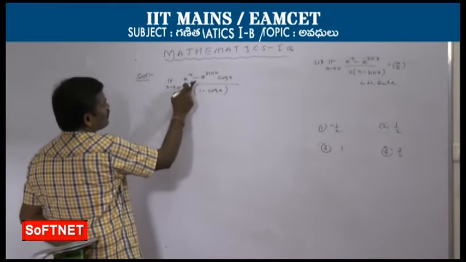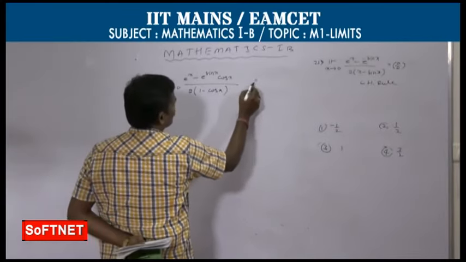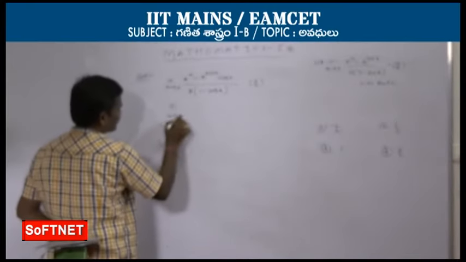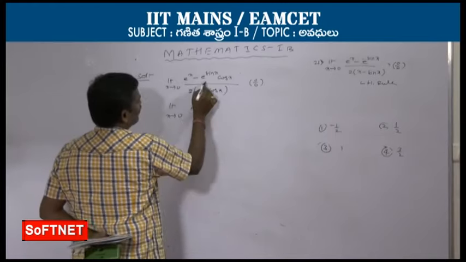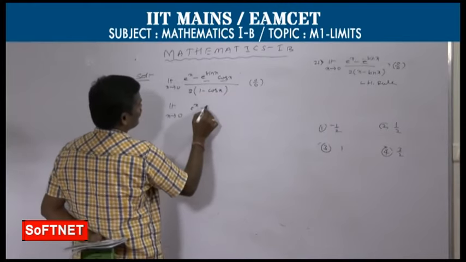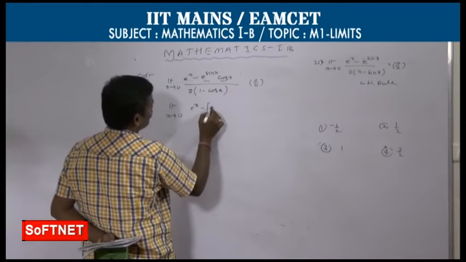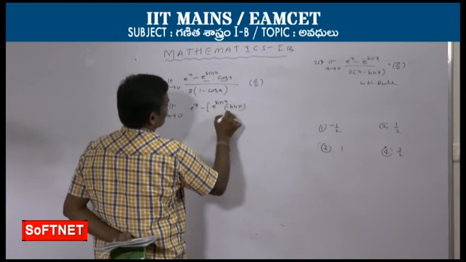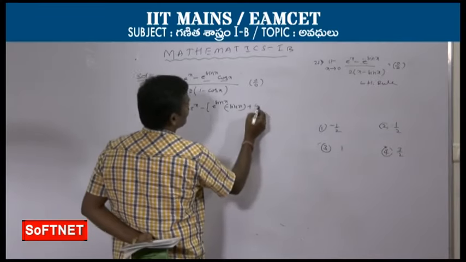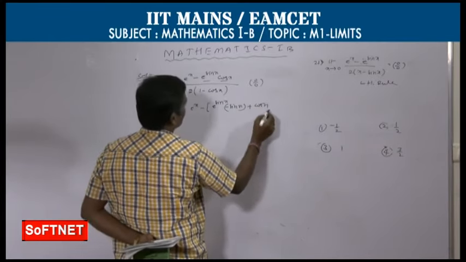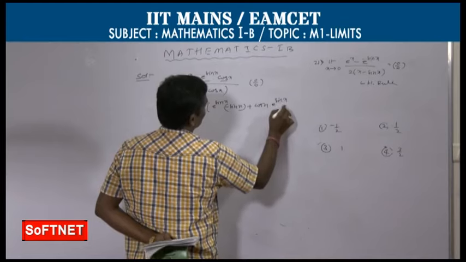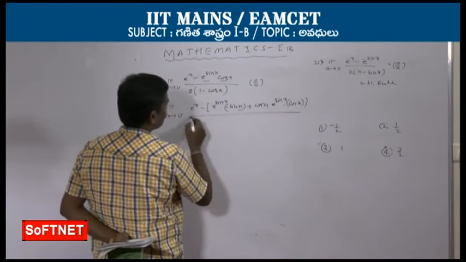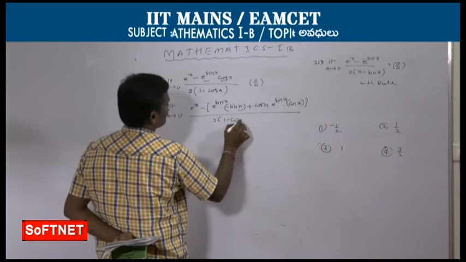When we substitute x equals 0, it again goes to 0 by 0 form. Again we need to go for the second order derivatives. The limit as x tends to 0: the derivative of e^x is e^x. Here by the uv rule, minus u into the derivative of cos x, which is minus sin x, plus cos x into the derivative of e^(sin x), which is e^(sin x) times cos x, over 2 into 1 minus cos x.